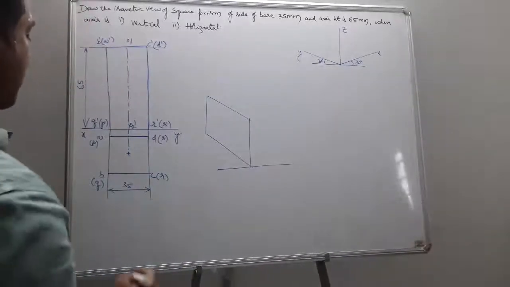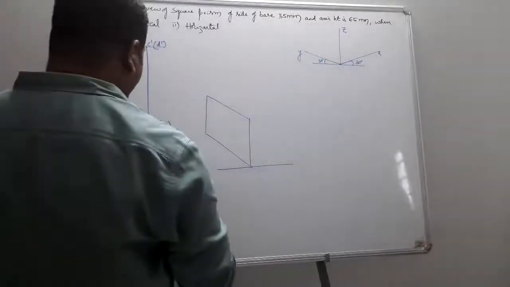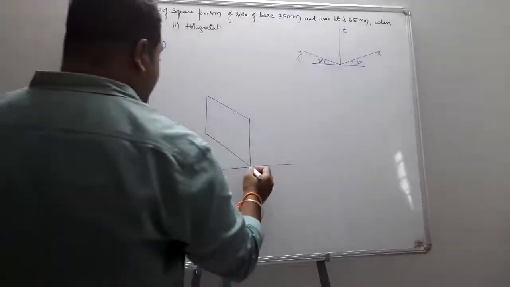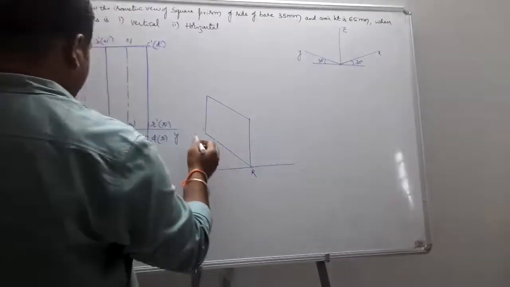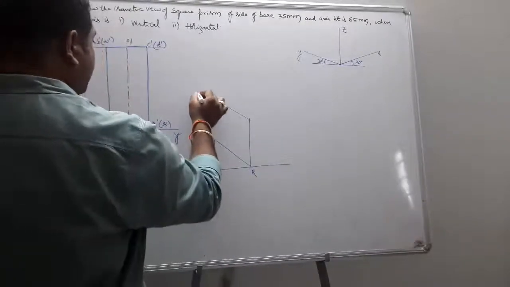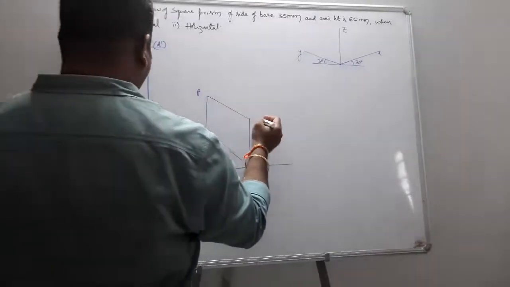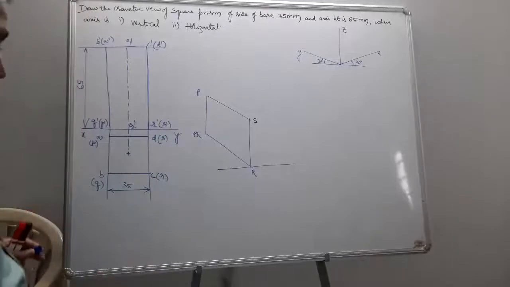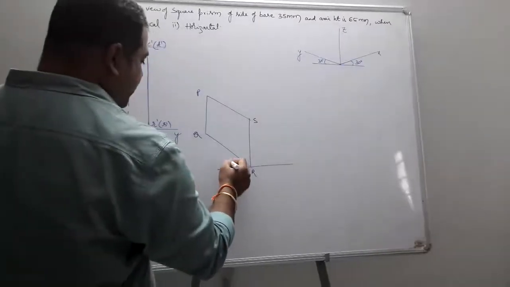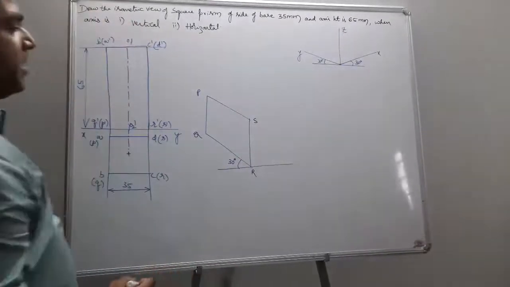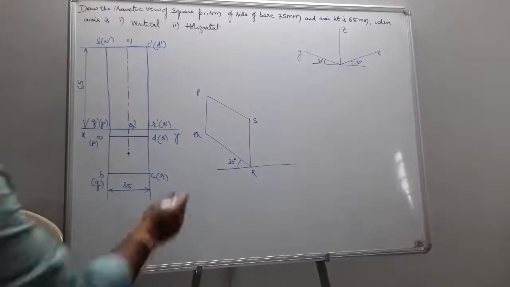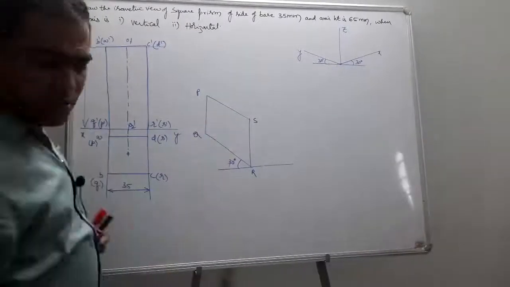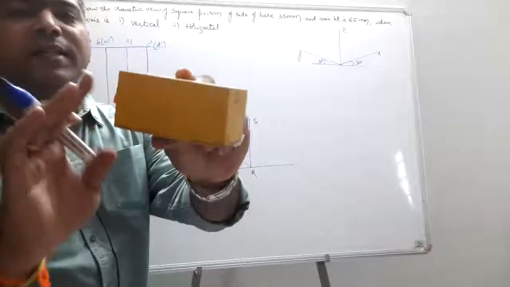Let us consider your corner is going to be resting. The bottom is going to be, let us see, this is R, this is Q, this is P, and this is S. Now let us consider this is 30 degrees, right? Next it is going to be extended. So one plane is going to be obtained. When your base is going to be like this, I obtained this.